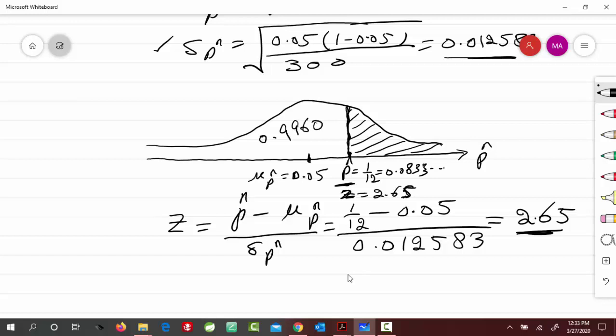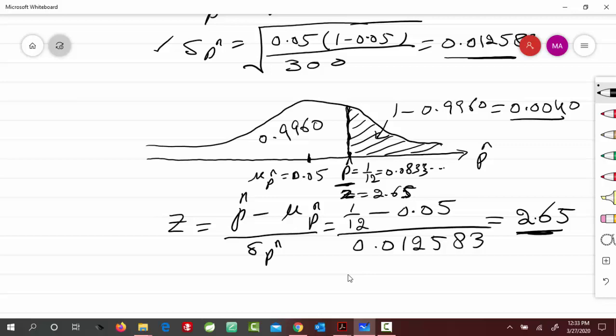So 0.9960 is the area on the left. Then the area on this side would be 1 minus the area on the left, so 1 minus 0.9960, which is equal to 0.0040.